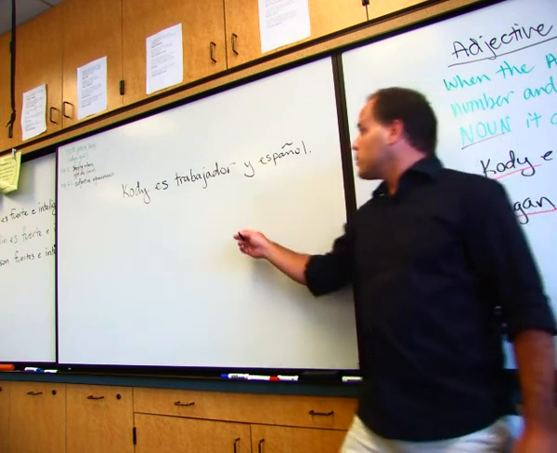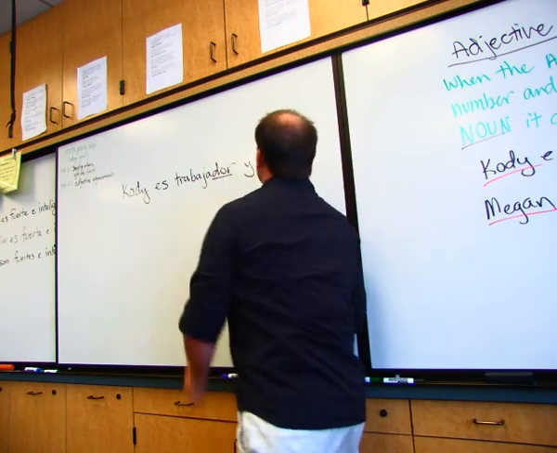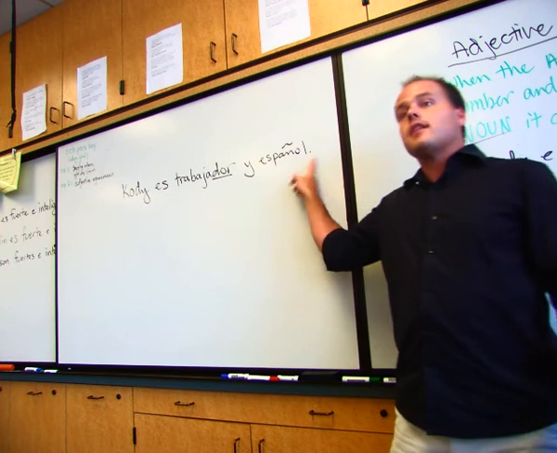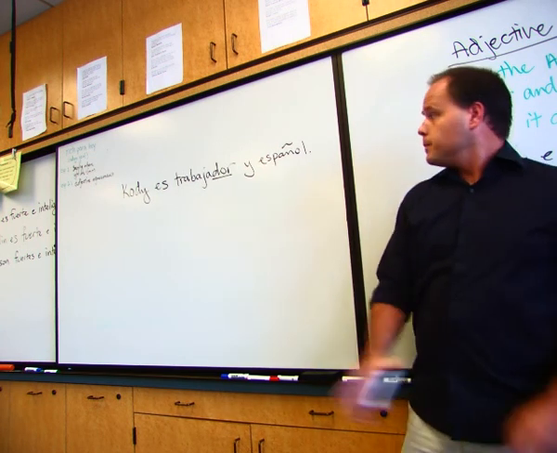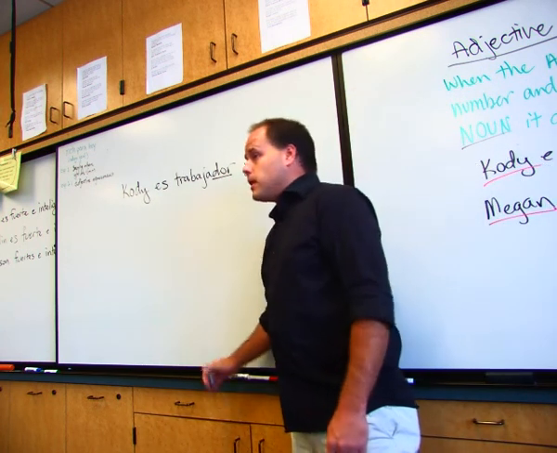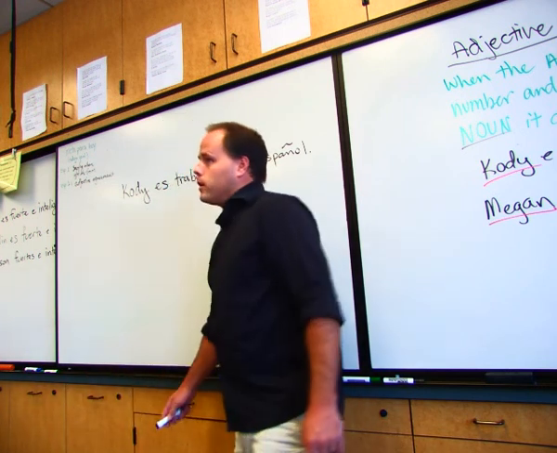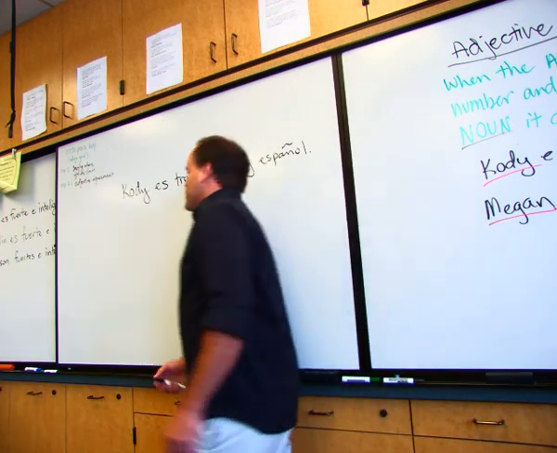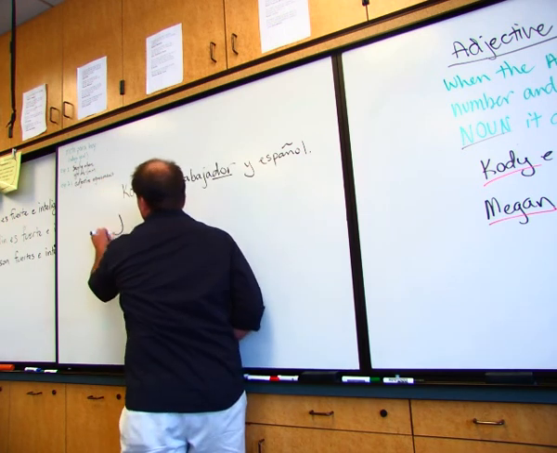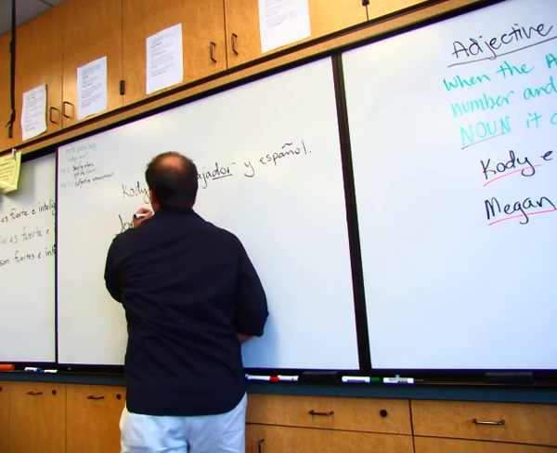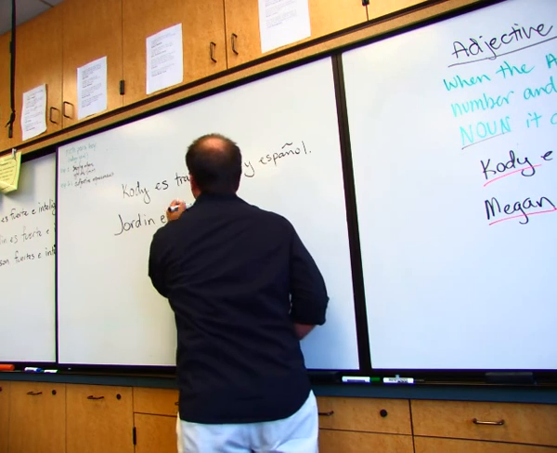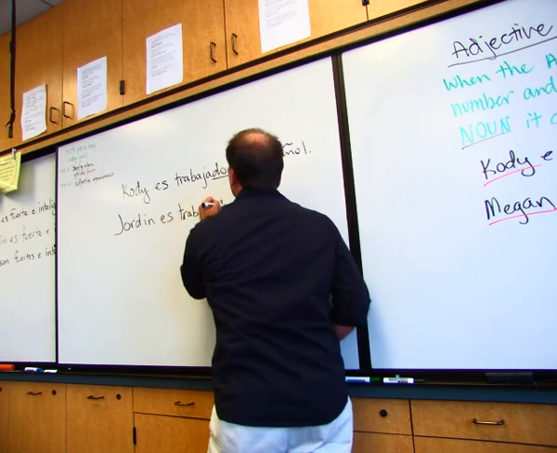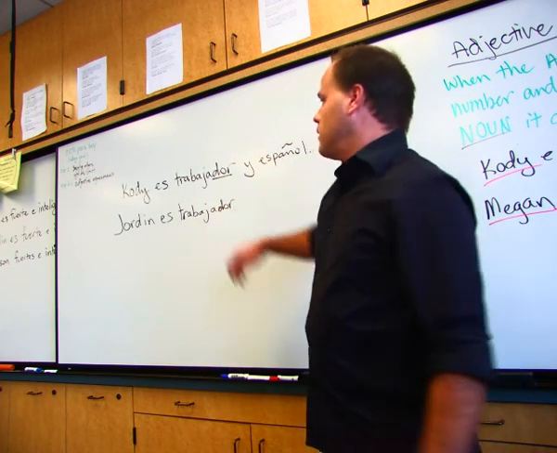In this case, these words, we have DOR, and we have a nationality that doesn't end in an O. That's how it is being masculine. Now I will use Jordan. Jordan is also hardworking. But in this case, what do we have?